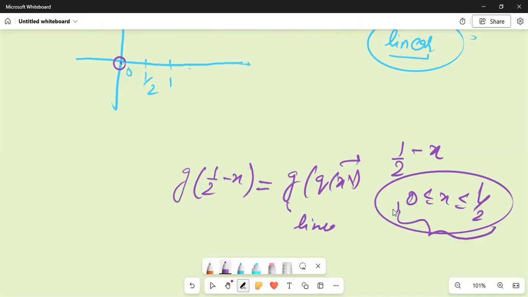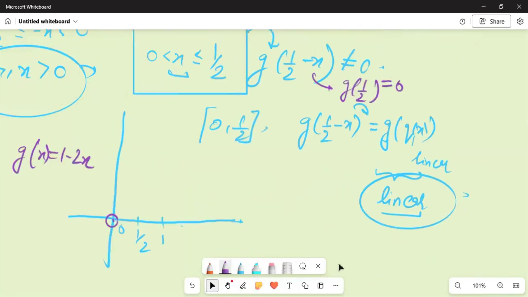So on this domain only g is linear, and q is linear everywhere, but g is linear only here. So on this domain, g composition q will be a linear function. So if you know 2 points of the line, linear means a straight line, you'll be able to trace the entire line.